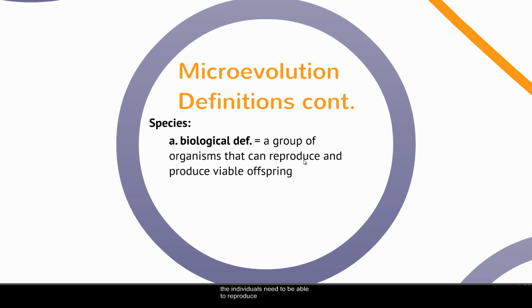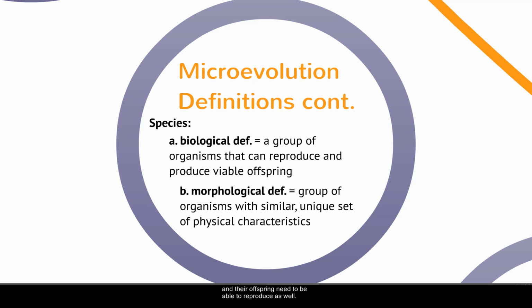The individuals need to be able to reproduce, and their offspring need to be able to reproduce as well. The morphological species definition is a group of organisms with a similar, unique set of physical characteristics. So here we're looking at shape and color and saying, well, that's a snowy owl because it looks like other snowy owls.